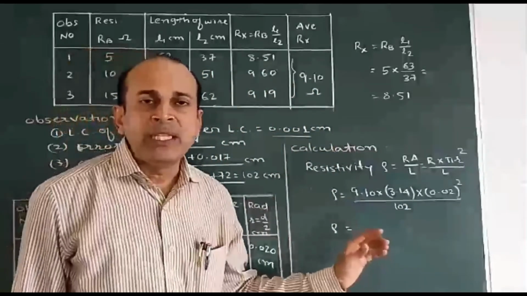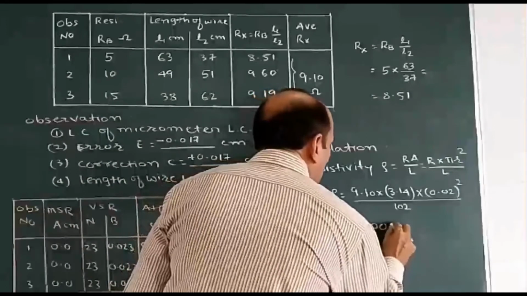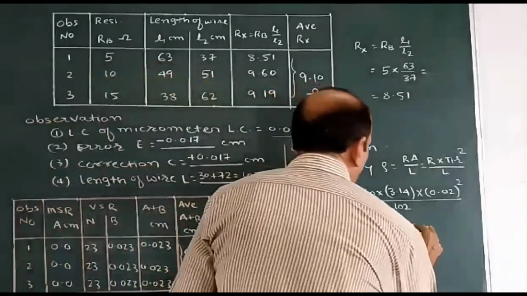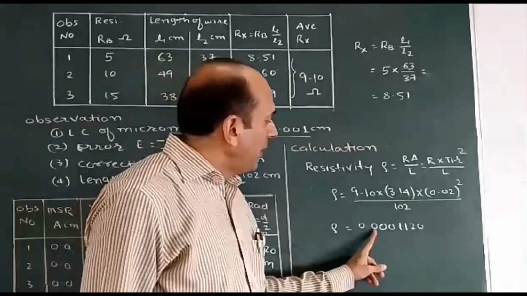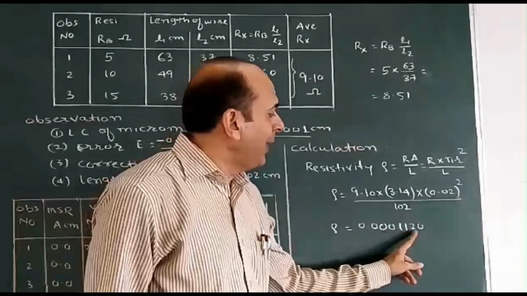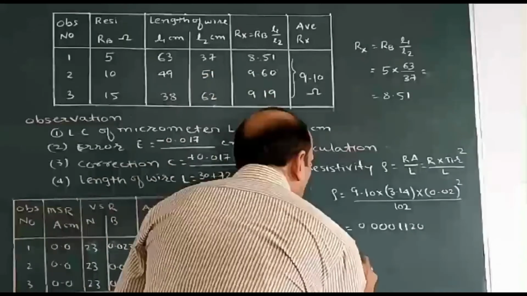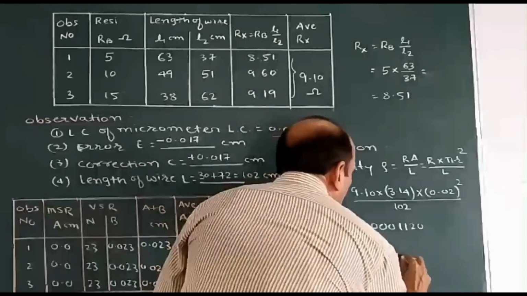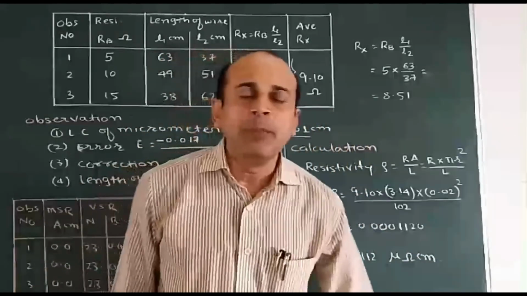Now calculating this, you will get the answer 0.00011205. Writing this in 10 raised to the power minus 6, we get rho is equal to 112 micro ohm centimeter, the resistivity of the material of this wire.